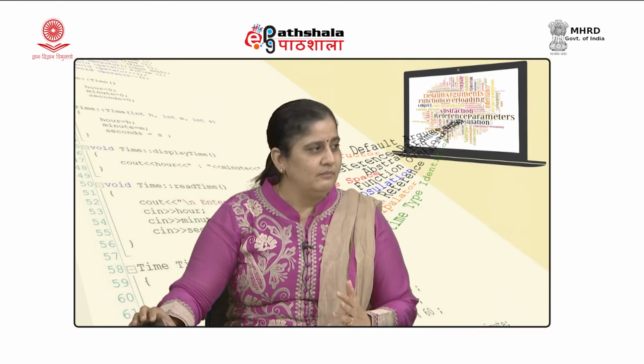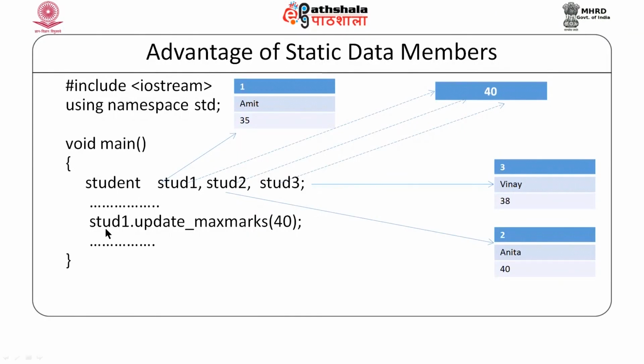So, once I do this, what will happen? I just have to modify it only once. Using any one of these objects, I can invoke this particular function. I could also say, instead of this, stud2 dot update max marks 40, or I could have said stud3 dot update max marks. Any of these would have modified this common copy. So, now I have to modify it only once.